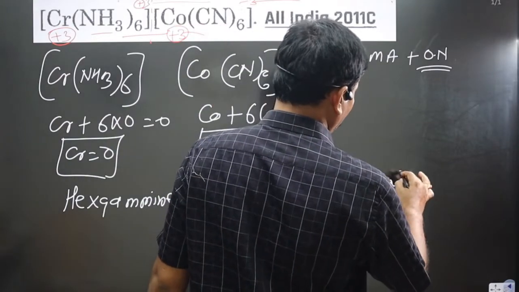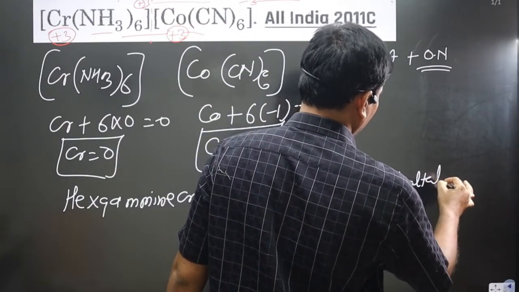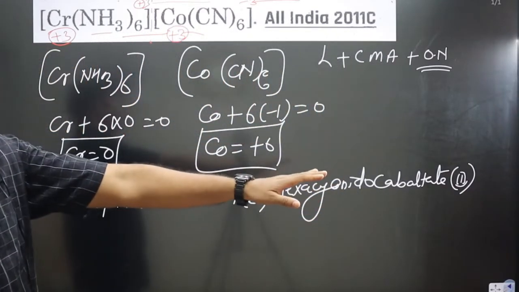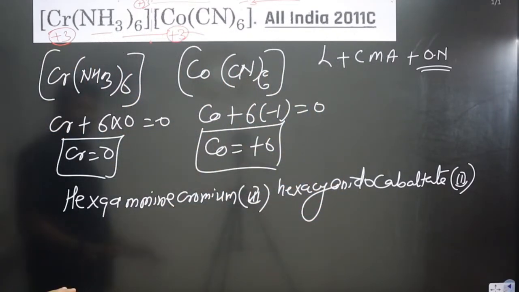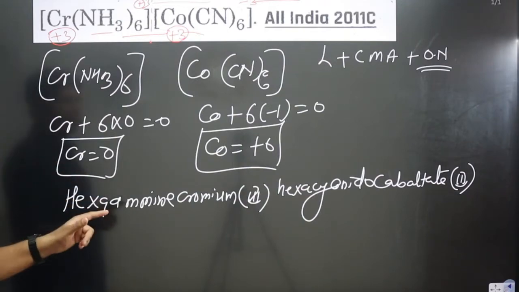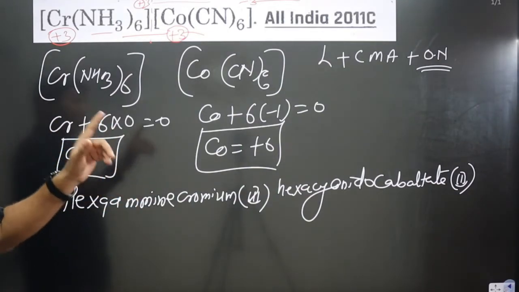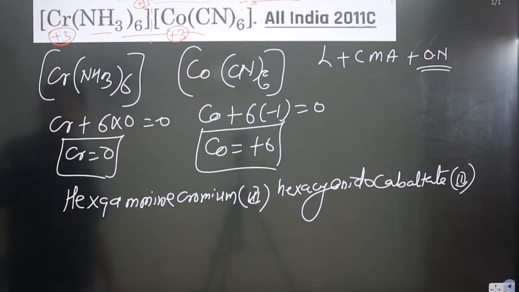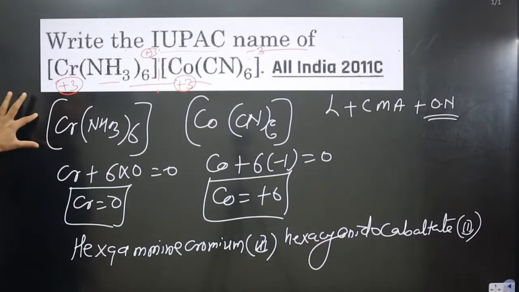We use cobaltate. What is the oxidation number? It is 3. Again, it is a neutral complex, so we don't need to add ion. So the name of this complex is hexaamminechromium(III) hexacyanidocobaltate(III). That is the IUPAC name of this complex.